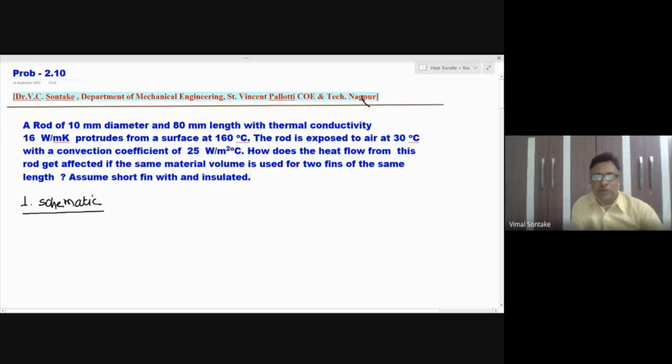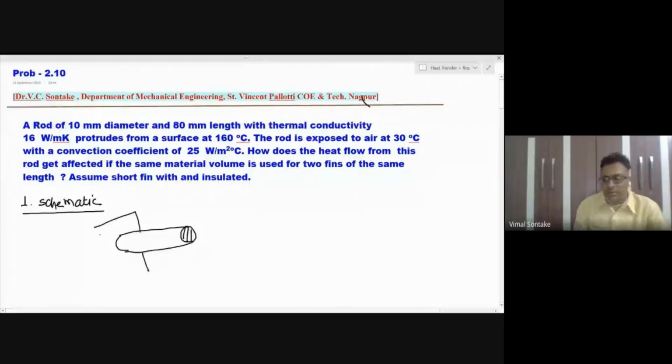Now once again in this problem, there are two cases. In first case, there is a rod and it is attached to the base surface. Actually, the orientation is getting changed.